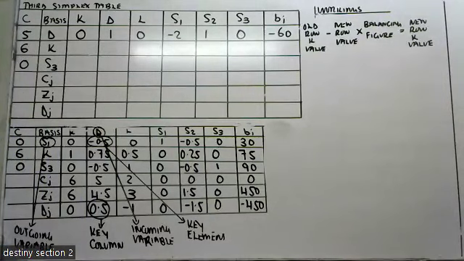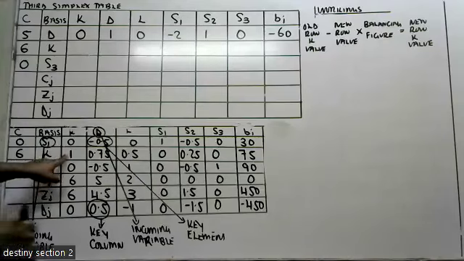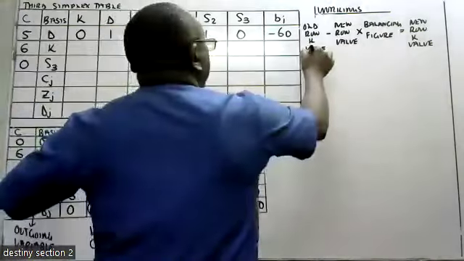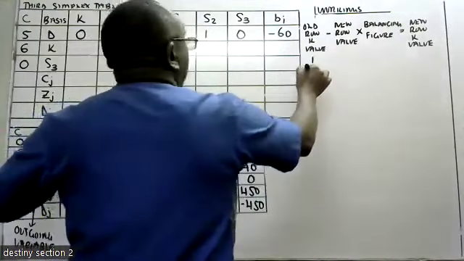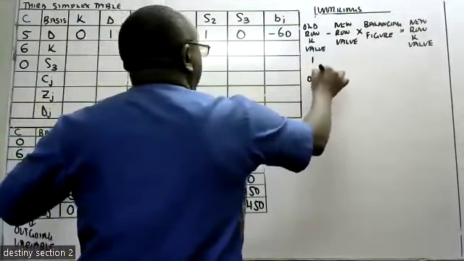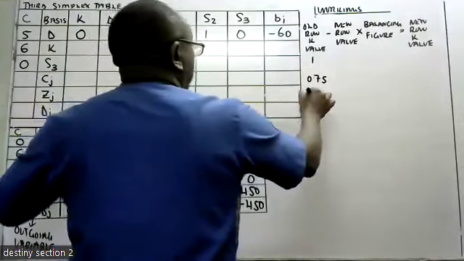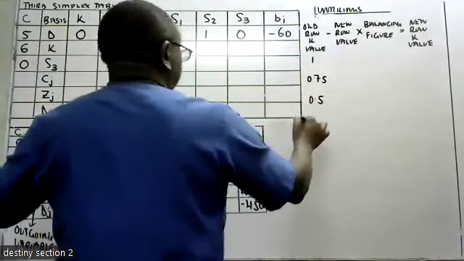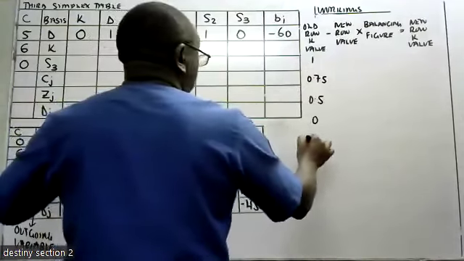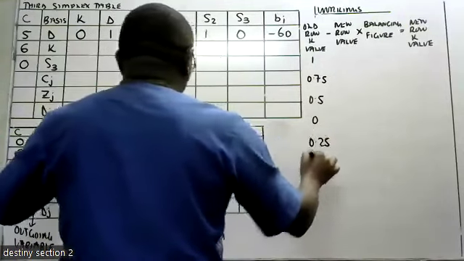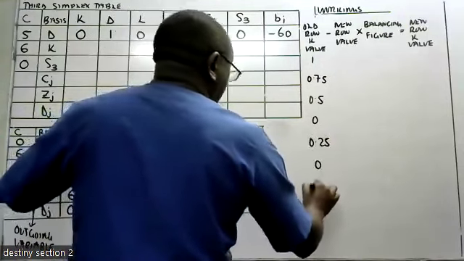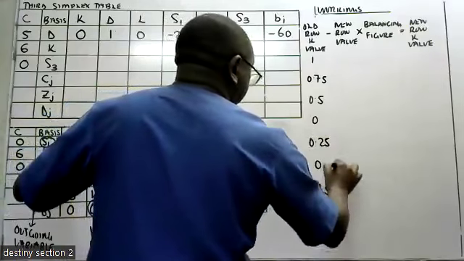Now, the old row K, I'll take 1, I have 0.75, 0.5, 0, 0.25, 0, and then 75.